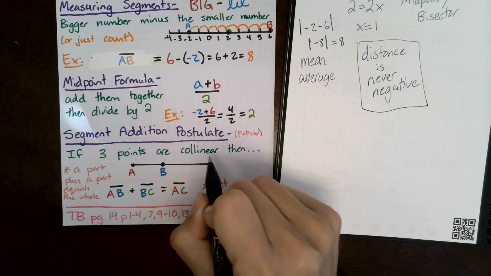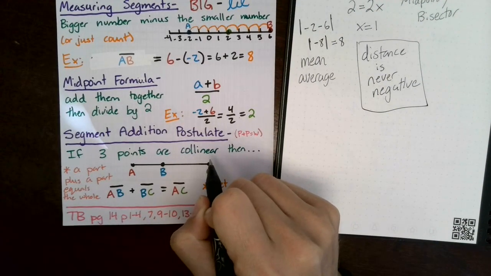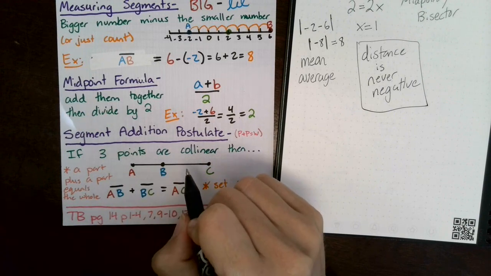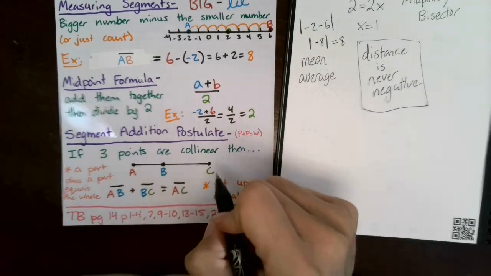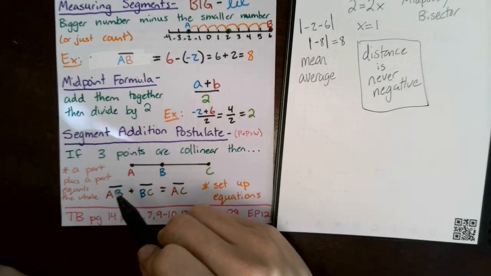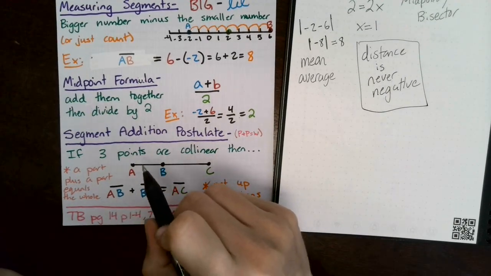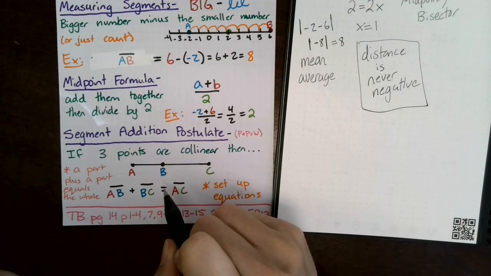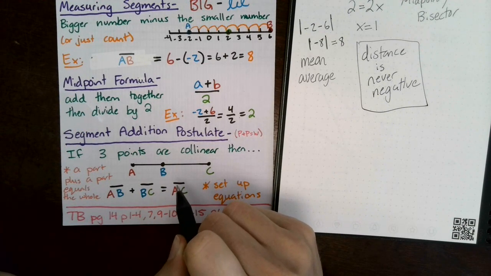That's what the linear is, on the same line. So if any 3 points are on the same line, as long as they're all touching a line, then this part is true: segment AB plus segment BC equals segment AC.